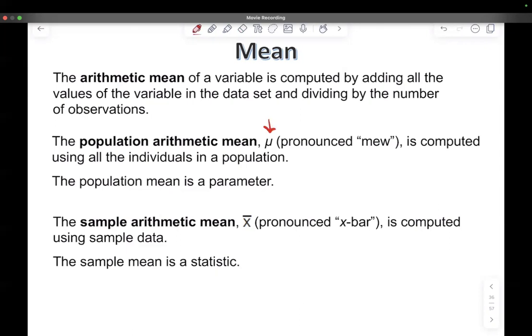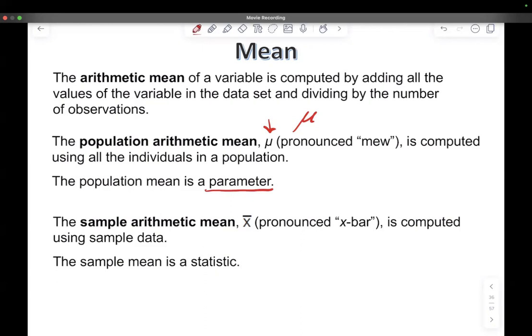It is a Greek symbol. When I write it, it's going to look like this, because I don't write as beautifully as typing. We take all the individuals in the population and divide by how many members there are in the population. And of course, this is a parameter, because parameter refers to population.